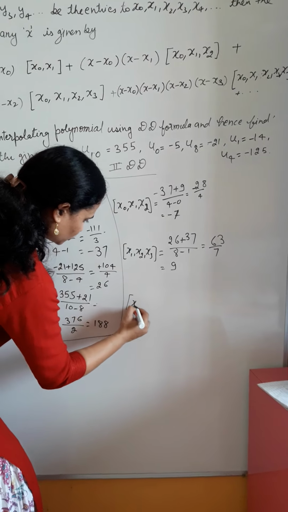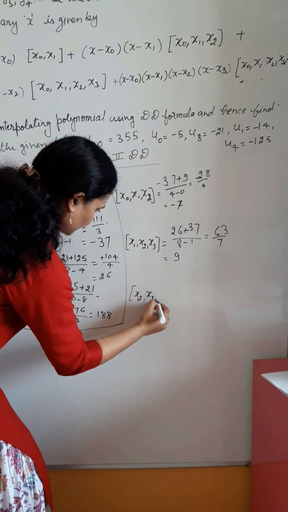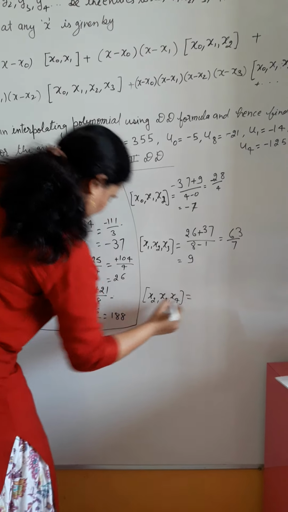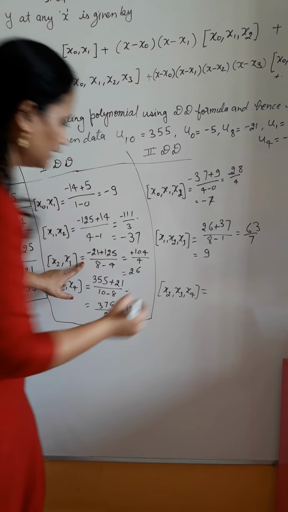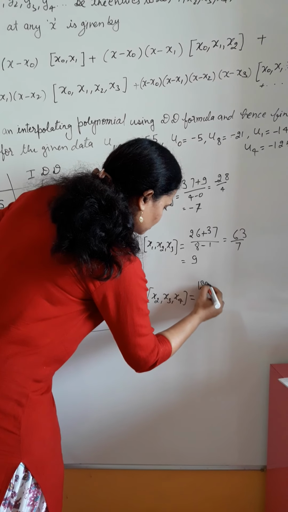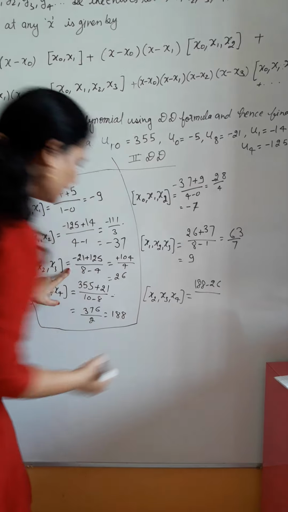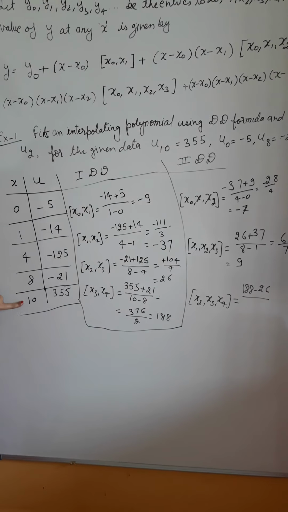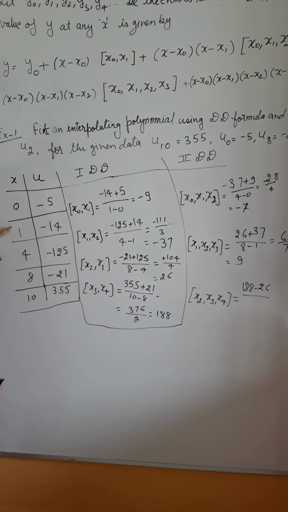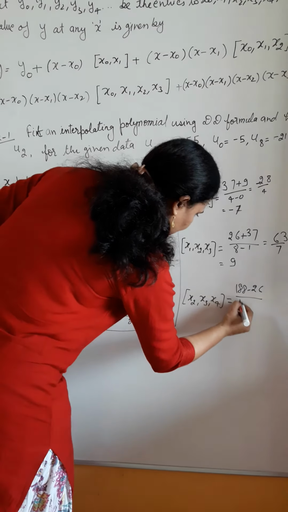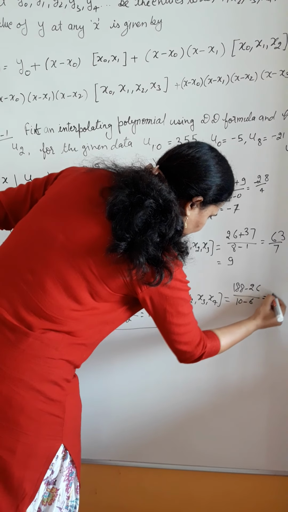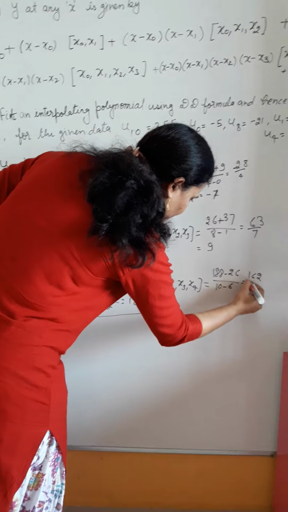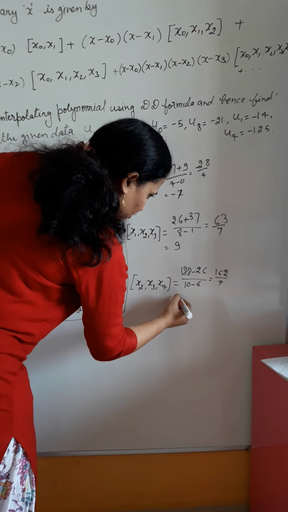Now x2, x3, x4. So difference of these two, 188 minus 26 divided by x4 minus x2. 10 minus 6.